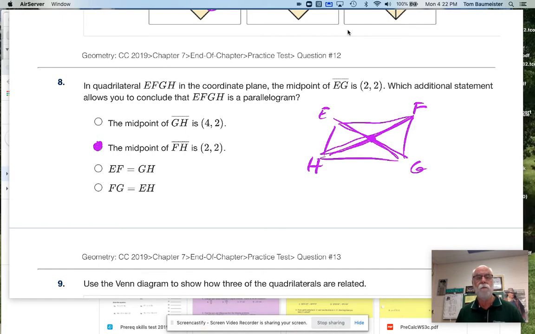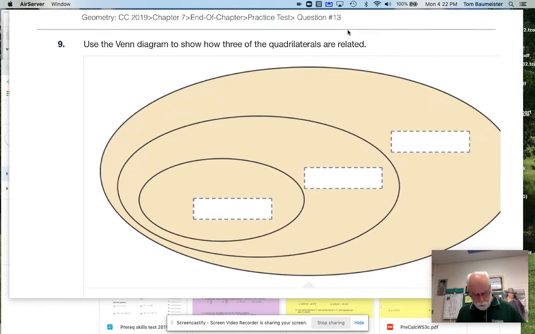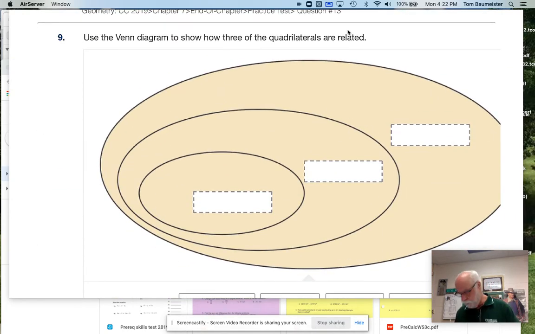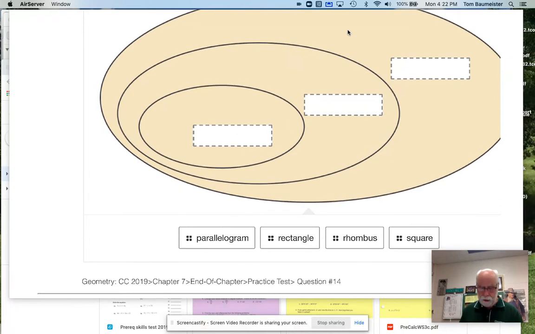Okay. Use the Venn diagram to show how 3 quadrilaterals are related. So this is kind of like that one, but it's going from the smallest one to the largest one, right? So if we think about it, we can tell you that the largest one is a parallelogram. Now which other two are similar?